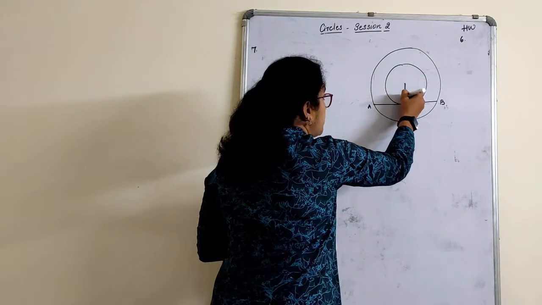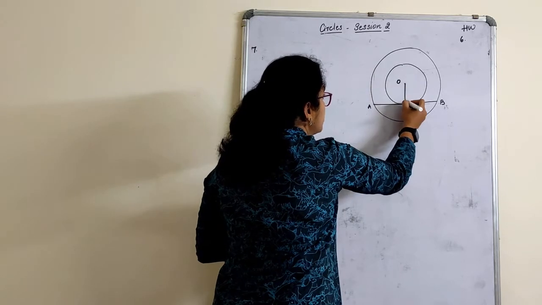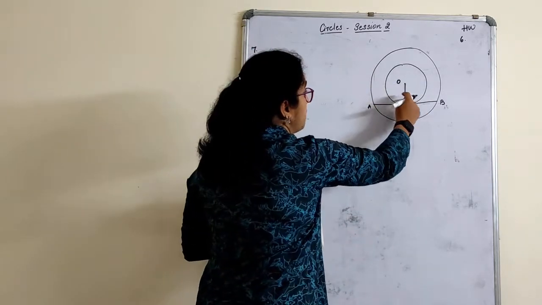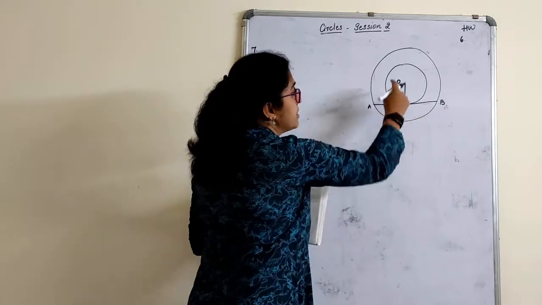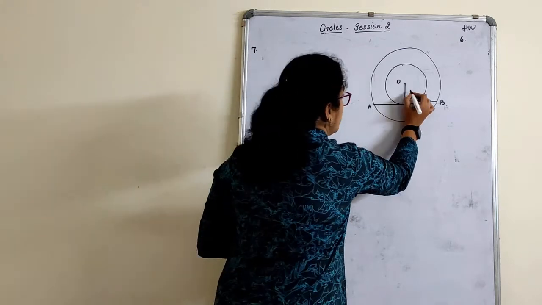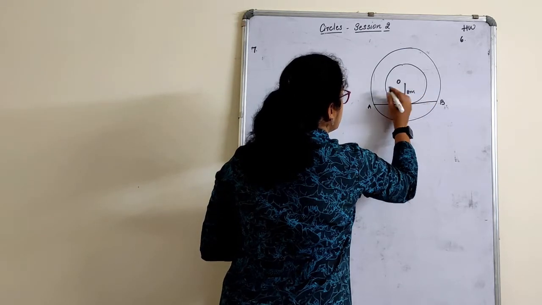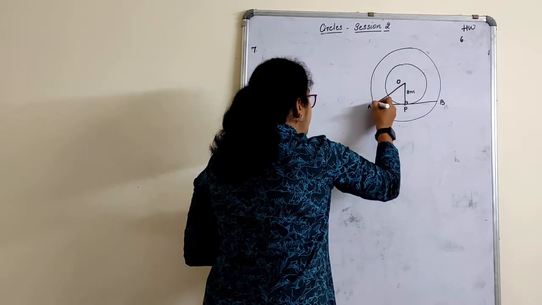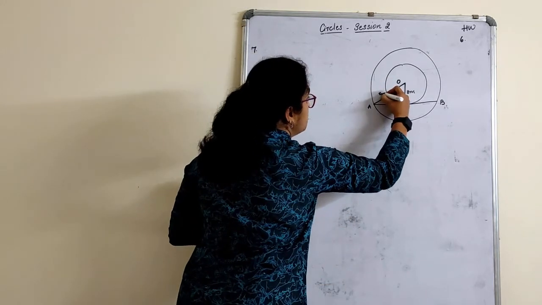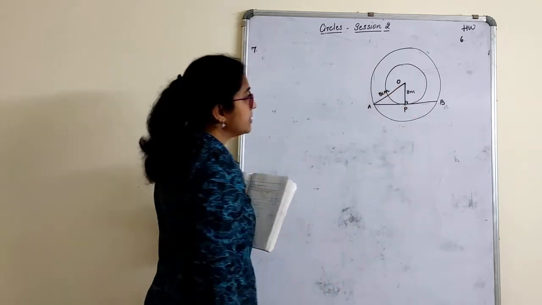So if I draw perpendicular here, O, this became 90. Now this perpendicular which I have drawn from the center to the point is nothing but the radius of the smaller circle, which is 3 cm. And one more line if I draw here, O to A, which is the radius of the bigger circle, 5 cm.